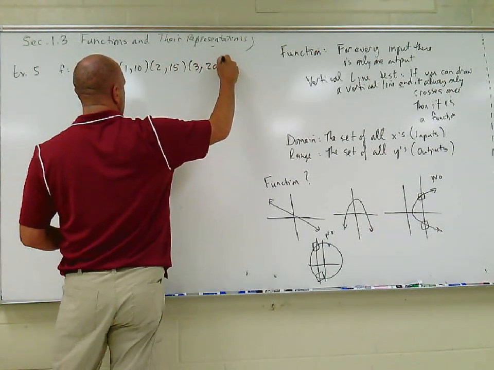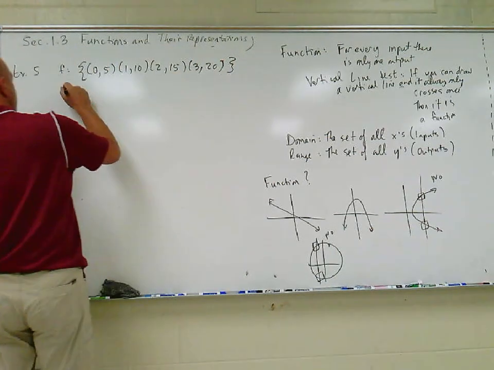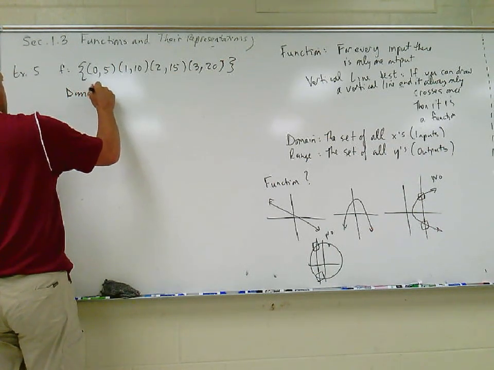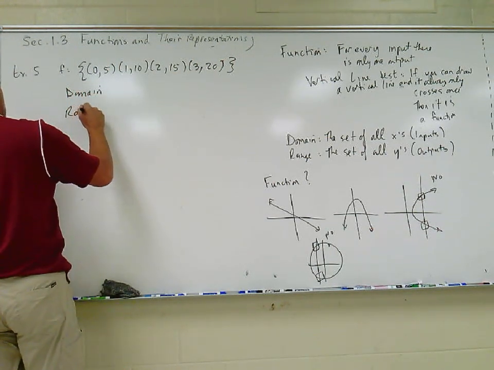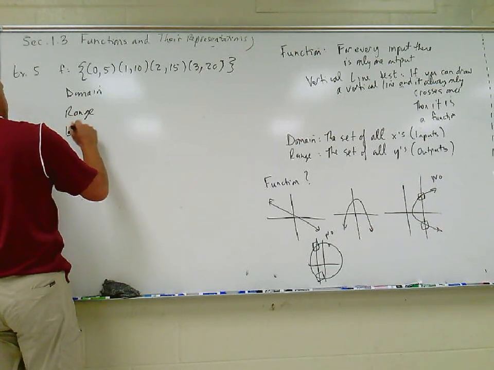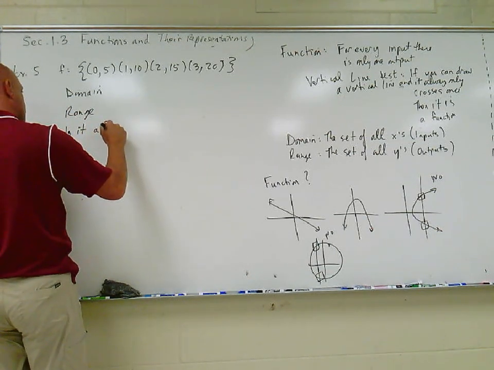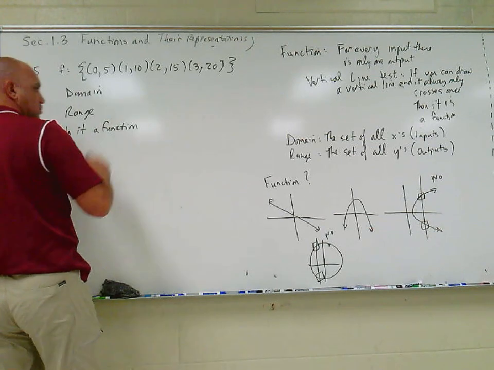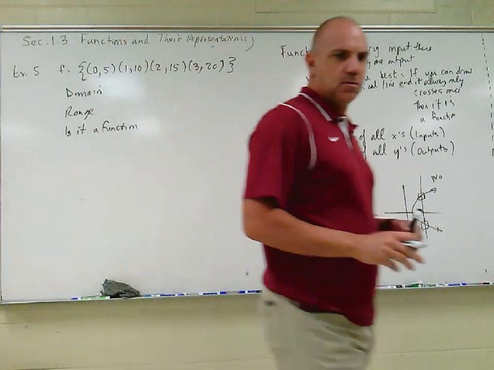All right, so can you give me the domain? Can you give me the range? Then is it a function? Okay, can you answer those? So give the domain, oh goodness.